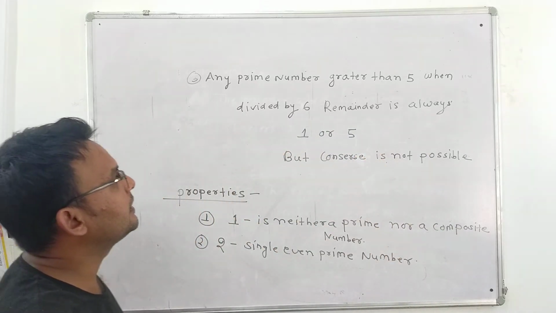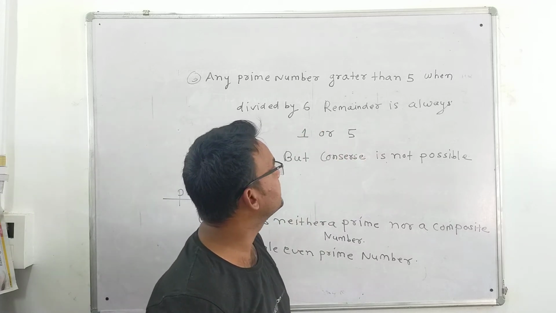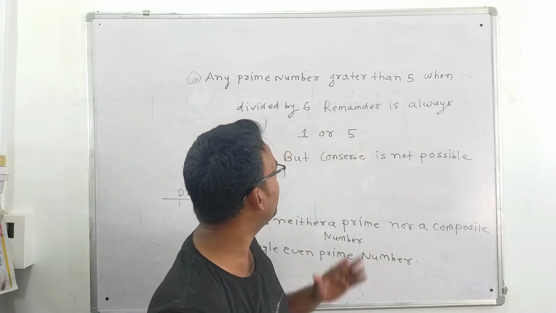Any prime number greater than 5 when divided by 6, the remainder is always 1 or 5.